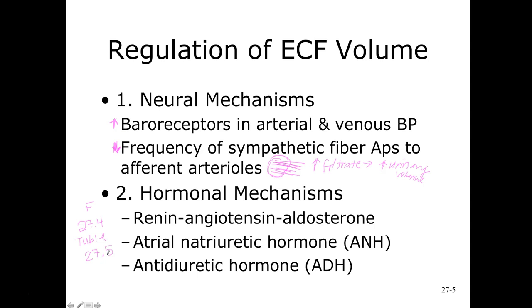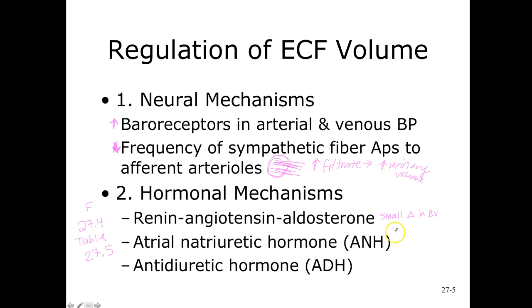The one thing I do want to mention is, when do these hormonal mechanisms work? So with your renin, angiotensin, and aldosterone hormonal mechanism, this is sensing for more of small changes. Put small. I'm going to use my triangle for changes. Small changes in blood volume. Okay, so these are kind of those micromanagers you can think of.